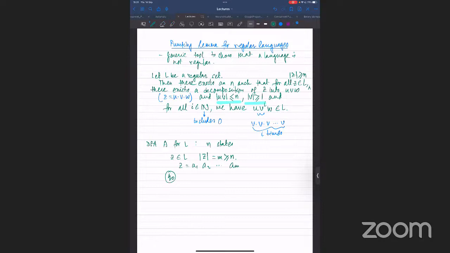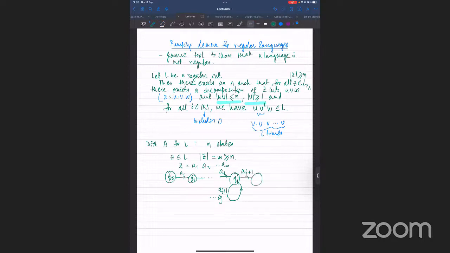So here we are saying Q0, A1, Q1, like this. Suppose you read AI, and then you go to some state, and from here you read AI plus 1 up to AJ, and then you are reading AJ plus 1.